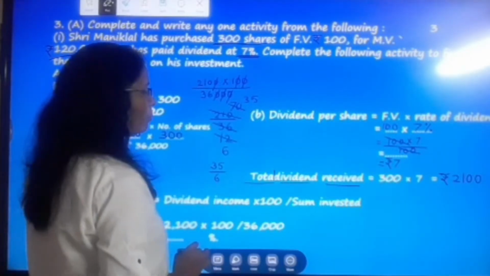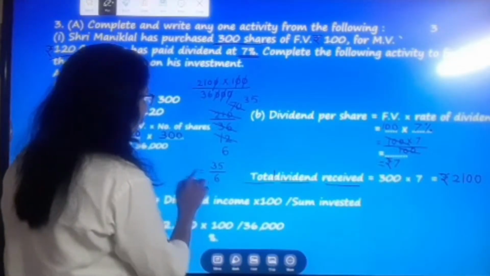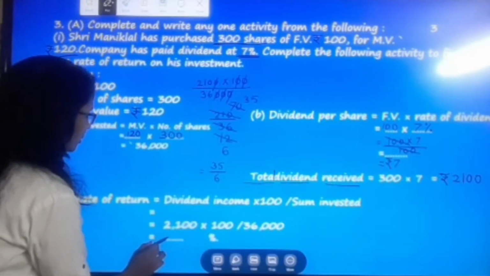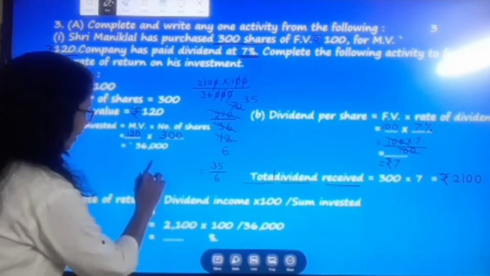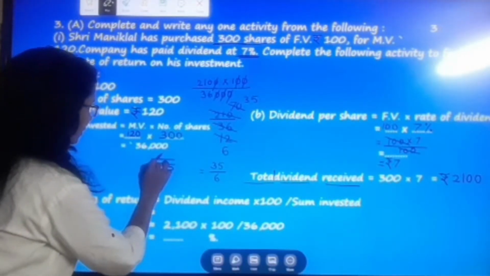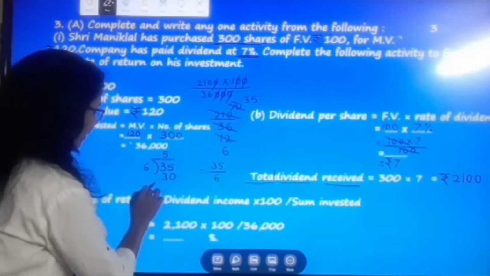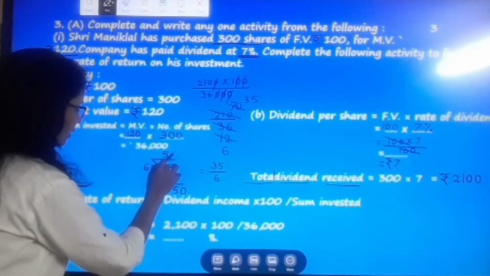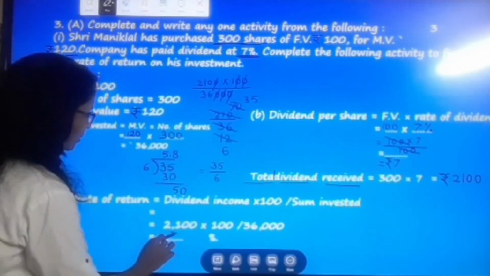So 35 upon 6, that means here students, this way we do this. 30, and then here that point 5.8%.